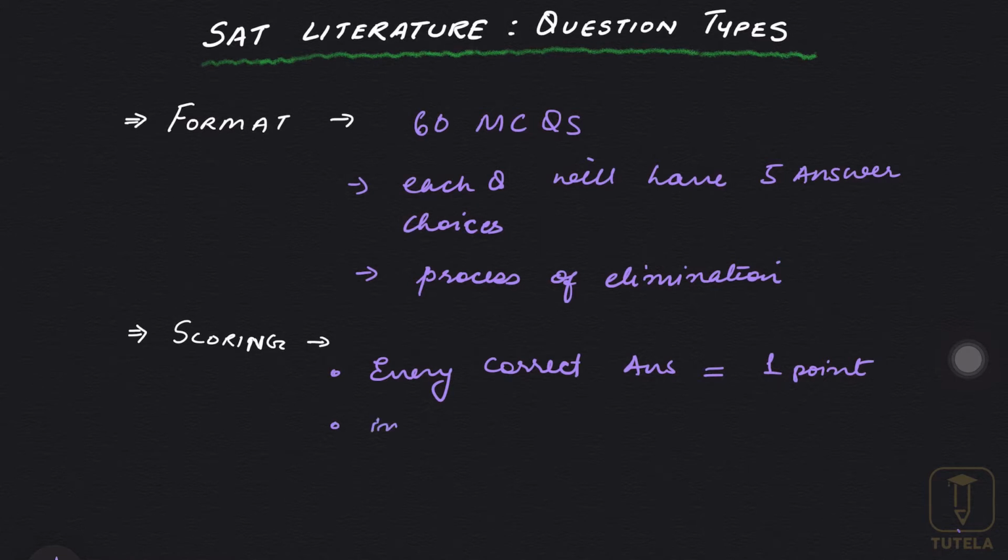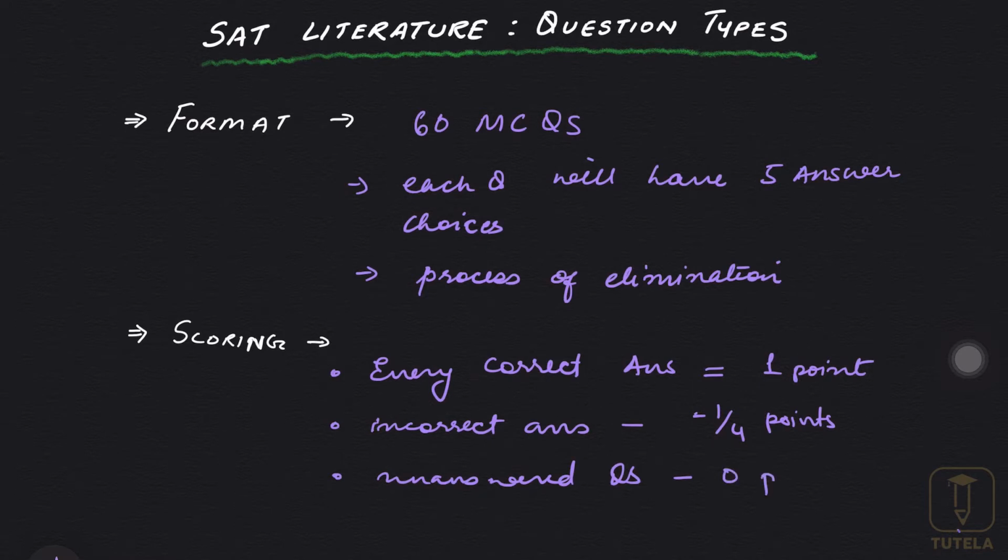So every incorrect answer, you lose 1/4 of the points. Of course, unanswered questions are worth 0 points.